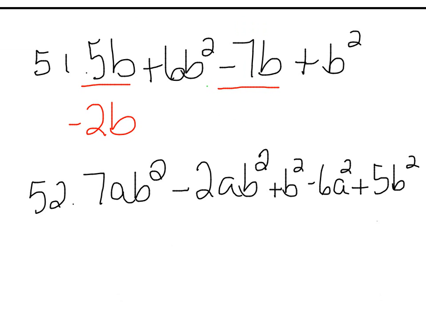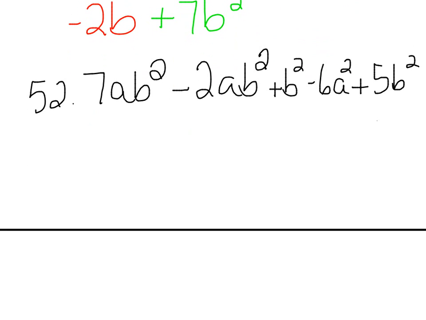And then 6b squared plus b squared, remember that means there's a 1b squared there, gives us 7b squared. And then on number 52, our last one, we have 7ab squared. That's alike with the minus 2ab squared, so that gives us 5ab squared.